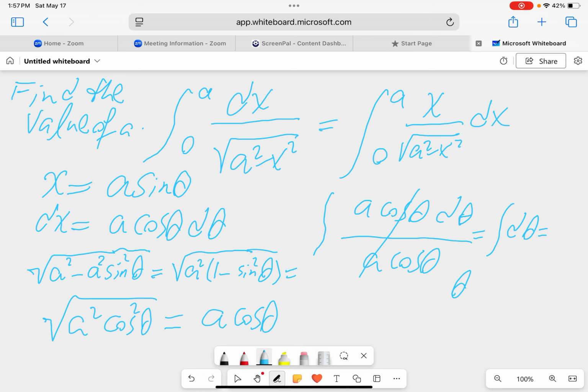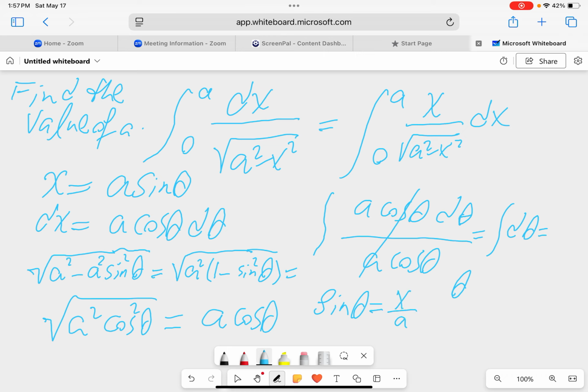Because the interval is from a to 0, those are our x values. So we want to make sure our theta is expressed in x, so we can use the interval of x values of a and 0. From the relationship x equals a sine of theta, sine of theta is going to be equal to x over a.